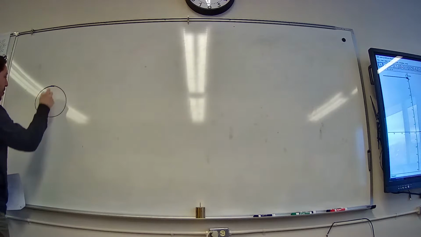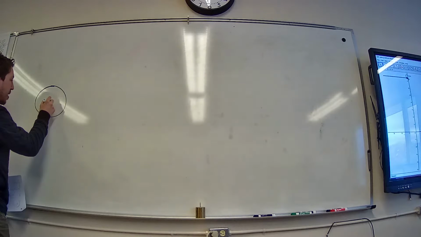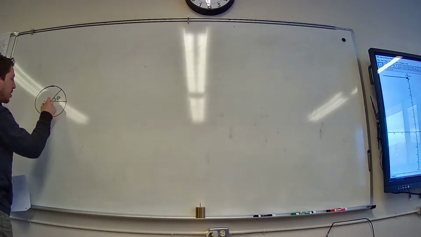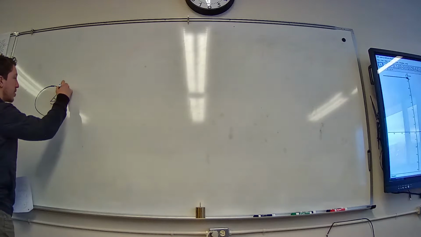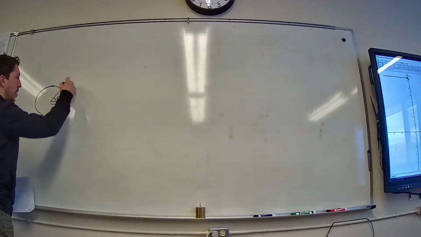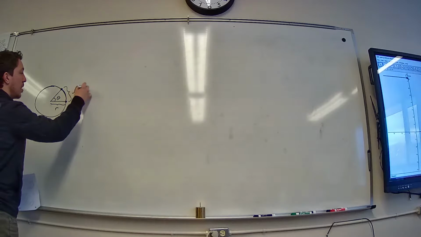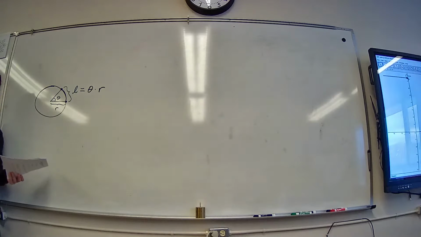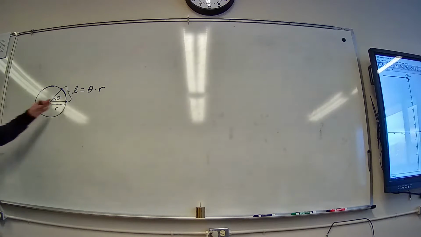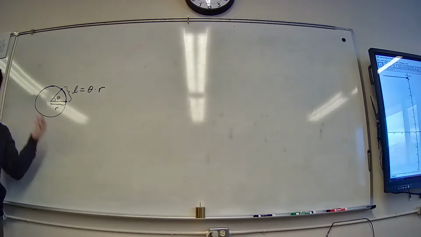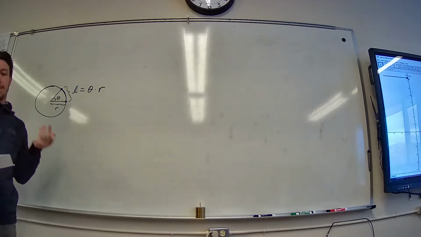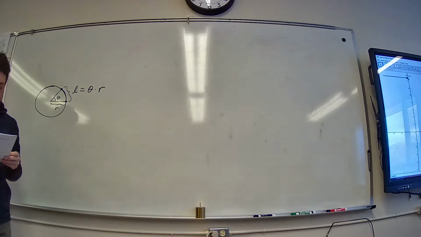Radians are a very powerful mathematical tool because if this is theta and this is the radius, then this arc length here would be just theta times the radius. That's why radians exist, because they give us this really nice relationship. If theta was in degrees, it's a much more complicated formula. It would be like 2 pi r times theta over 360, which is a pain to work with.